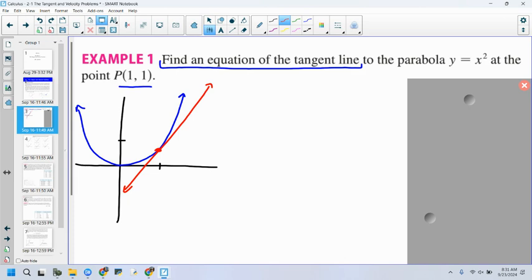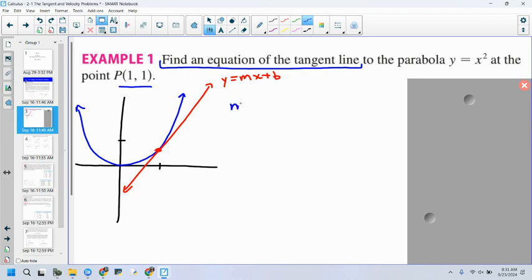Now, in the end, shouldn't I end up with y equals mx plus b? I should get a slope, and I should create the y-intercept based off of any point that I have. The most important piece of that equation is going to be our slope. We could find the y-intercept given other points, but we really need the slope. That's the key to unlocking this whole equation.